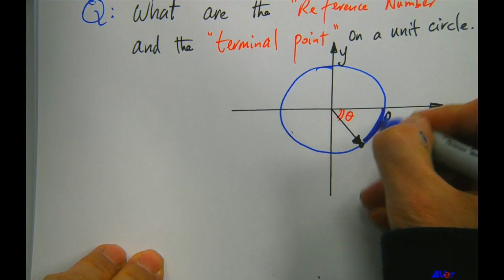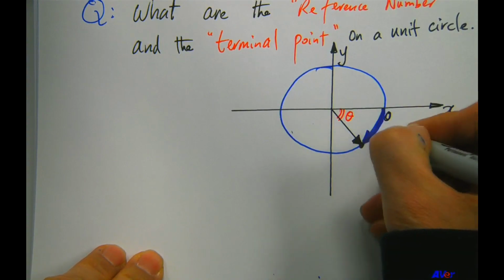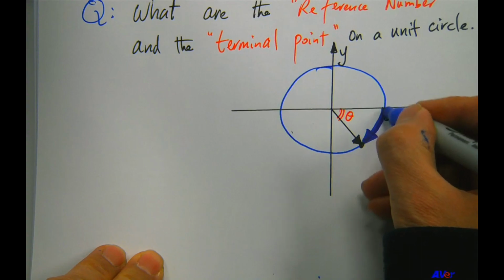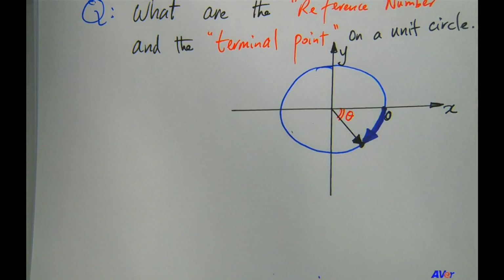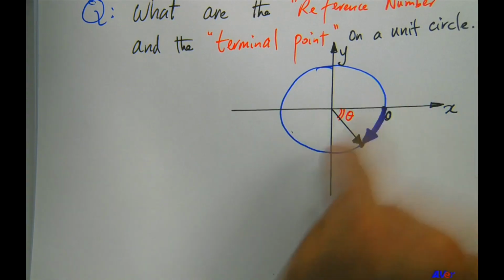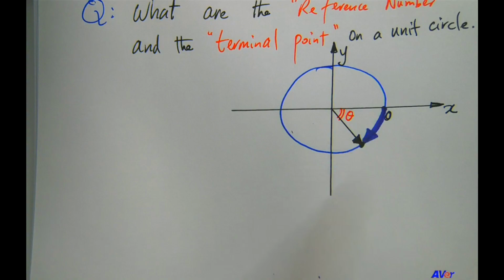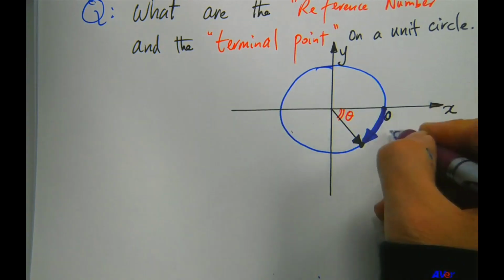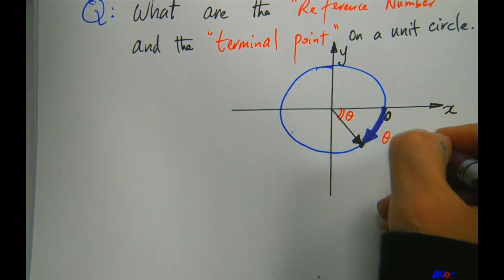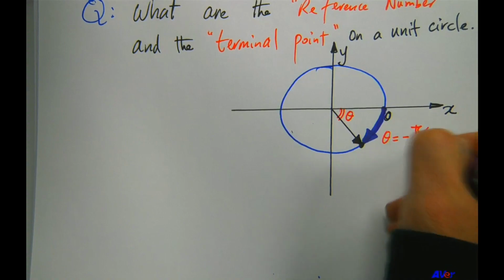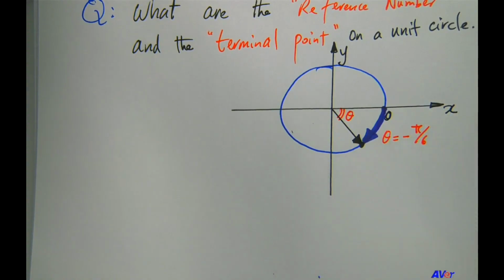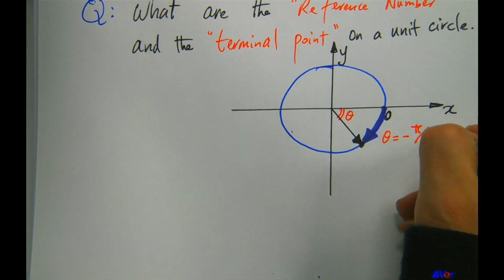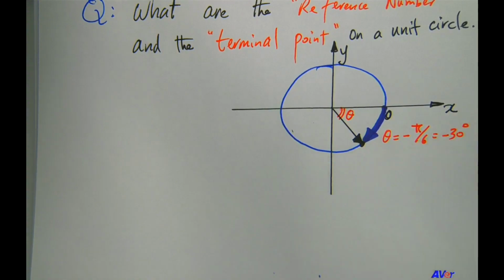Let's thicken this line a little bit. In the clockwise direction, we went this distance, or this arc distance, right? That's an arc distance, distance traveled along an arc on the unit circle. So we say that angle is minus pi over 6, or minus 30 degrees, whichever one you prefer, either in radians or degrees.